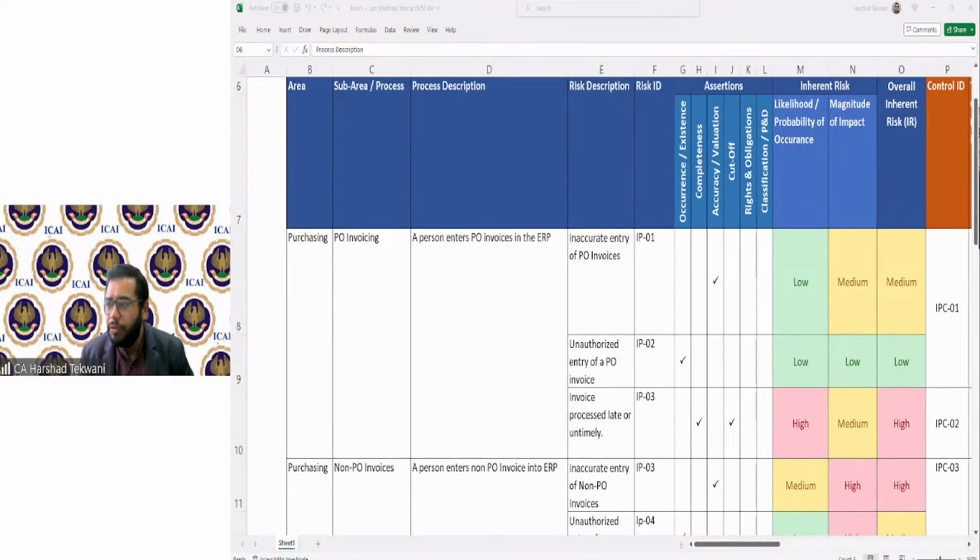Okay, Charu, very good. What else? How can you validate that there is a process in the company? Okay, Geeta, very good. Shailesh, good.